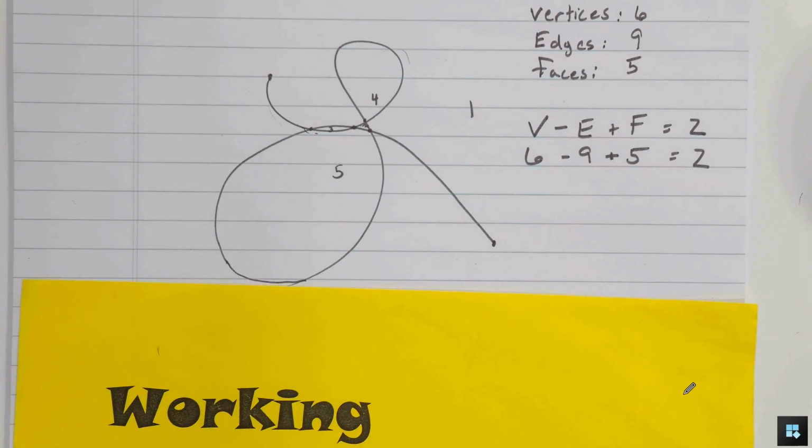How do you do this? 1, 2, 3. Wait, how should I... 1, 2, 3, 4. What else? Oh, wait, there's one here. Well, what about edges? Now we have to start over.